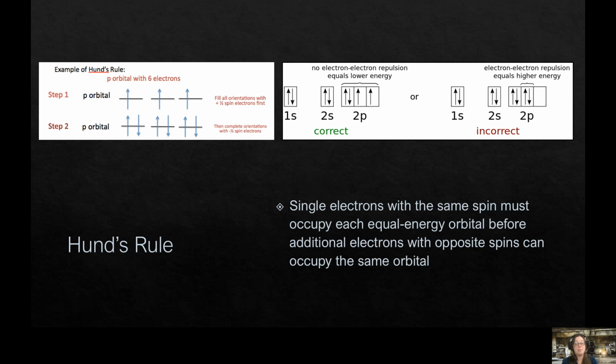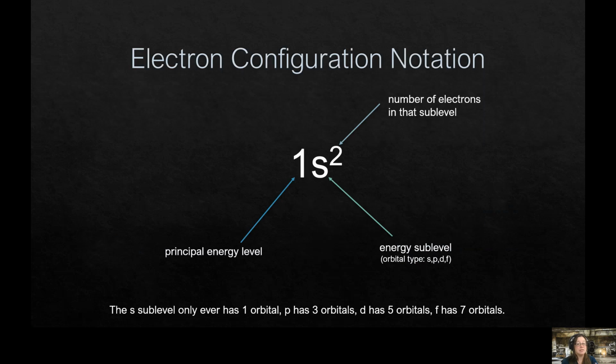So let's see how we represent it in writing. And that's with electron configuration notation. Your principal energy level is represented by a normal size number, in this case, a 1. Your energy sublevel, orbital types s, p, d, or f, are represented by the letter s, p, d, or f.